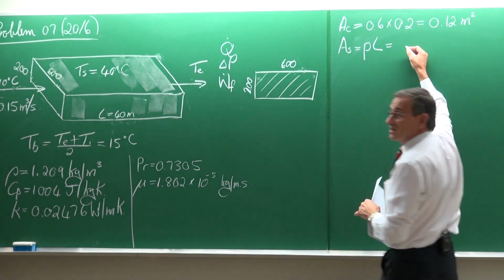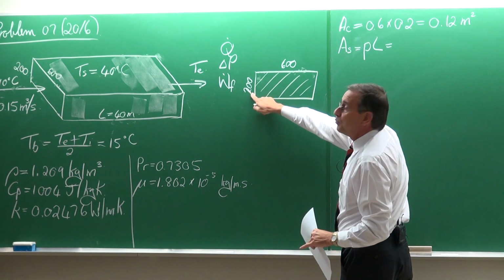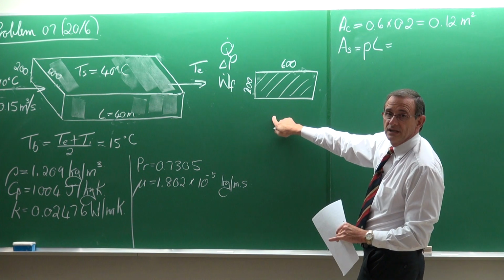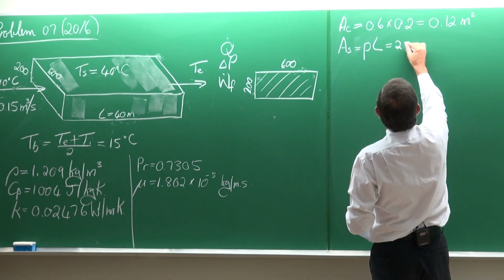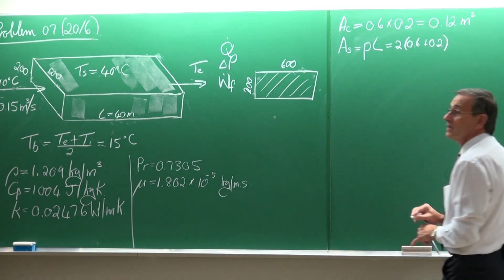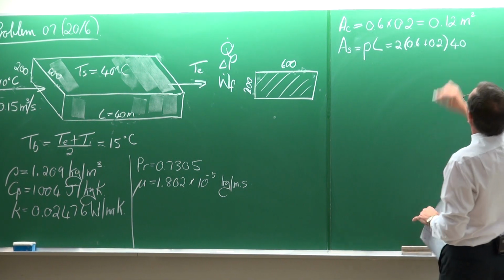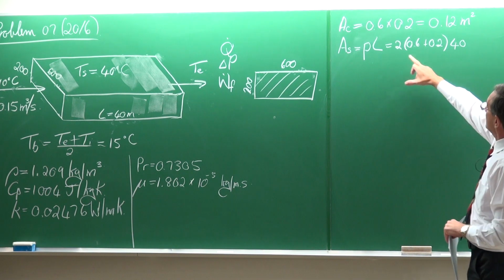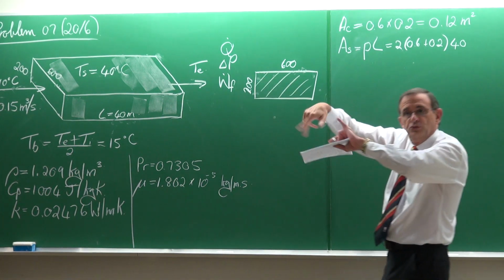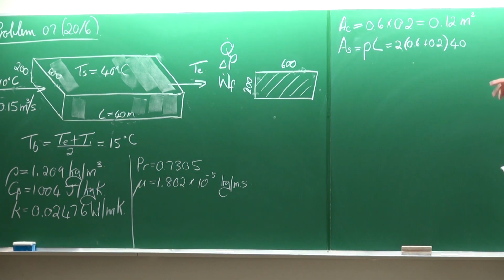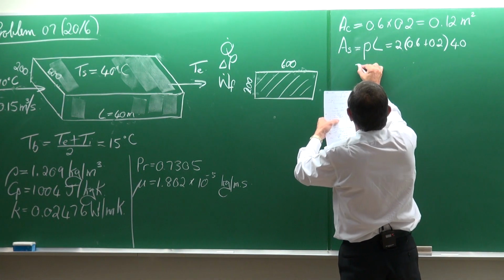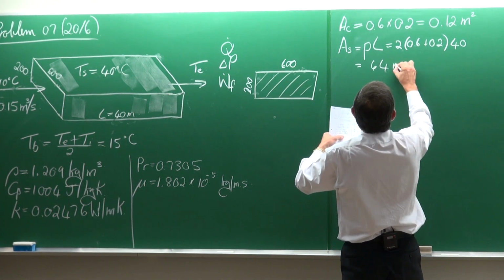Our perimeter in this case is equal to 0.2 plus 0.6 plus 0.2 plus 0.6, so it is 2 times 0.6 plus 0.2, multiplied by the length, which is 40 meters. From that we can get the surface area as 64 square meters.